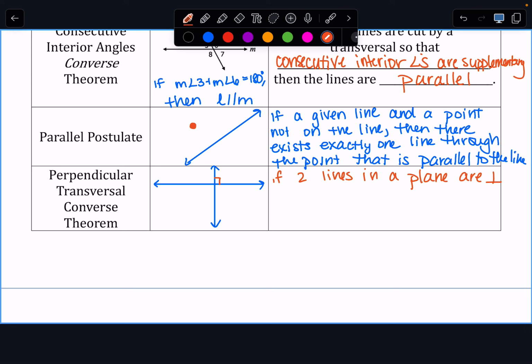Oh, to the same line. So I have two lines that are perpendicular to the same line. What's going to be true about them? Yep.